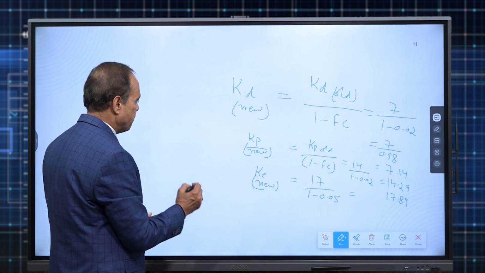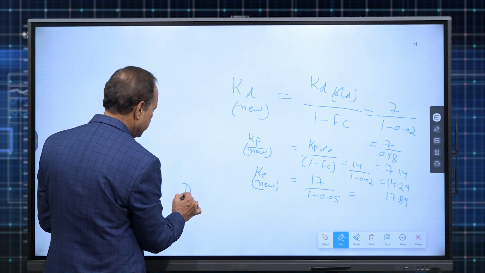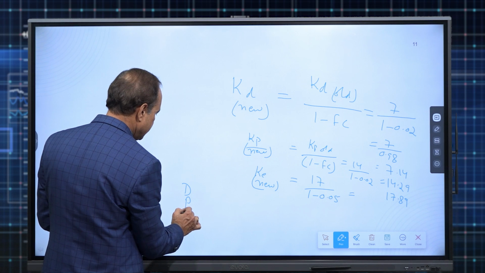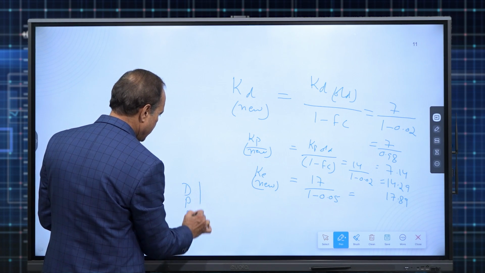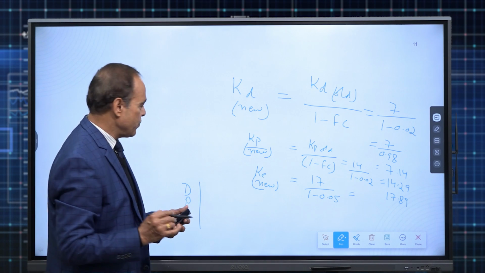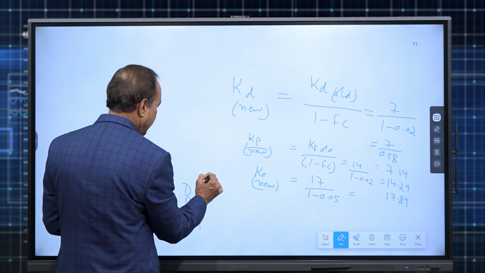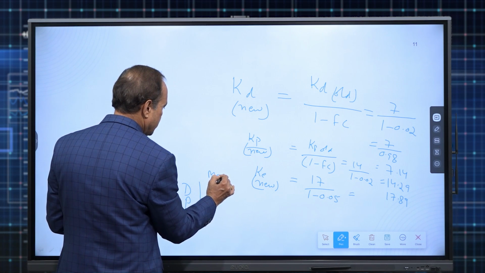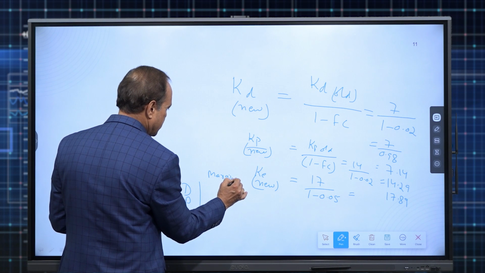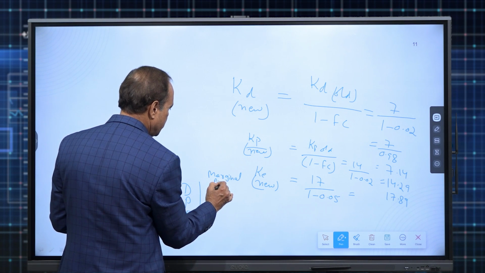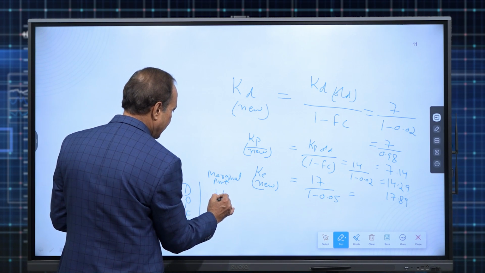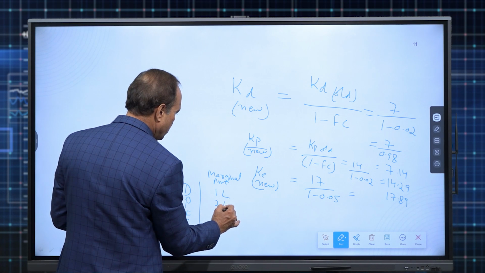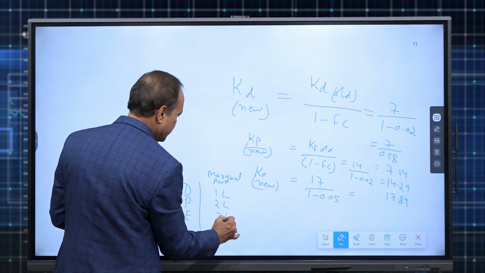Now the situation is simple. We have debt, we have preference, we have equity. All these are the new ones. How much funds are coming from that? So marginal value or marginal amount, 1 lakh, 2 lakh and 7 lakh.